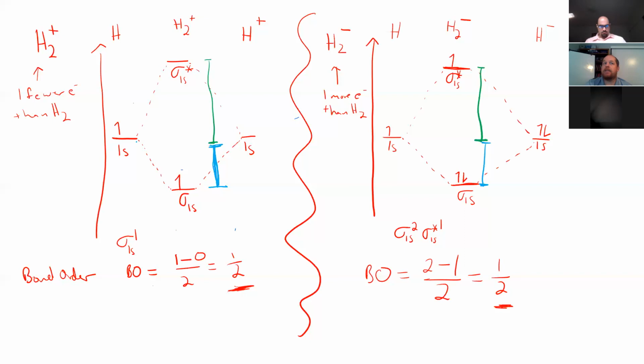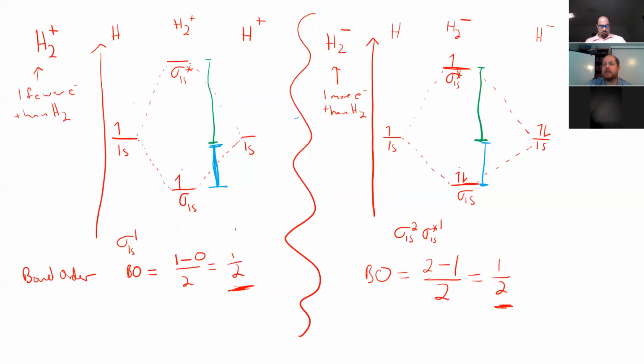Thus, if we look at the H2 plus, you get a stabilization of 1 electron, and there is no extra destabilization. If you look at the H2 minus, you get a stabilization of 2 electrons, but then you also have the destabilization of 1 electron that goes to a higher energy orbital. And since that electron that goes to a higher energy orbital is more destabilizing than the one that goes to the lower energy orbital, the overall bond that's formed for the H2 minus is going to be weaker than it is for H2 plus.